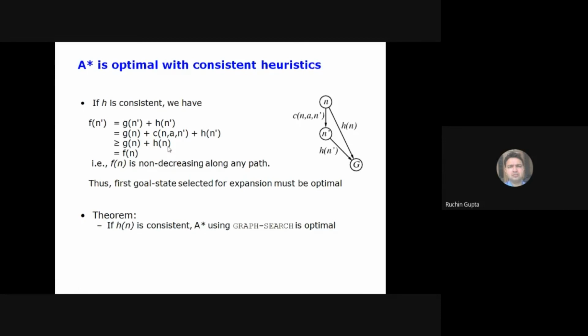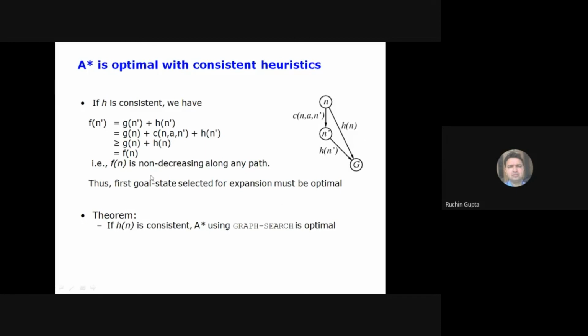because hn is an admissible heuristic, or it is satisfying the consistency property. So this will be greater than or equal to fn. It means that I cannot have a path to n dash which is better than the direct path from n to g using this hn function.